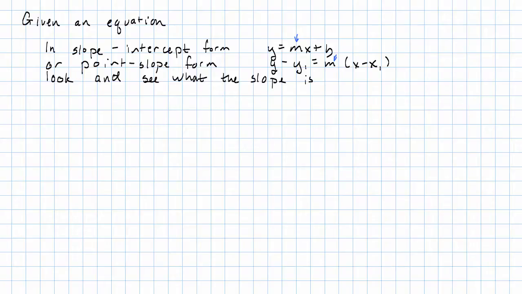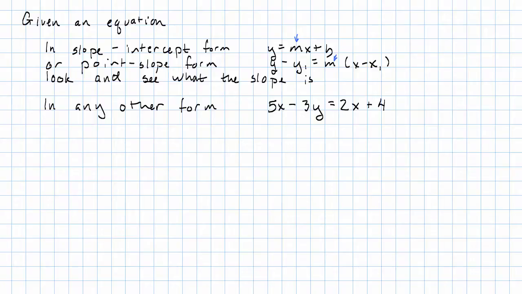Alright, what if we're given an equation in another form? Well, if we're given our equation in any other form, let's say we're given the equation 5x minus 3y equals 2x plus 4. That's not in point-slope or slope-intercept form.